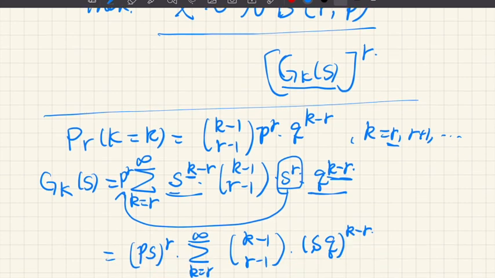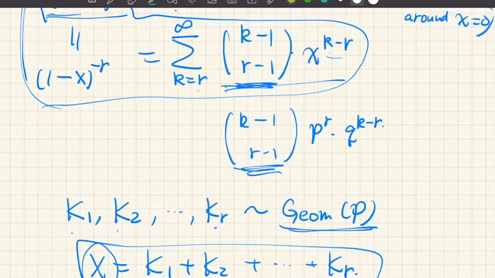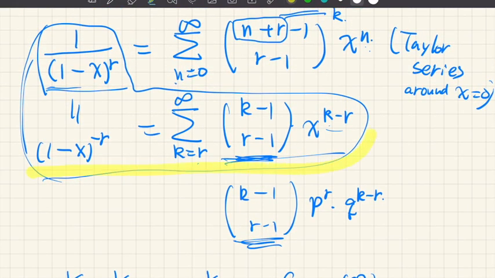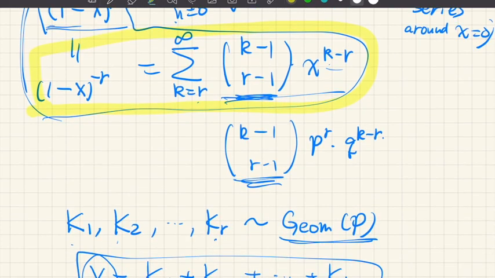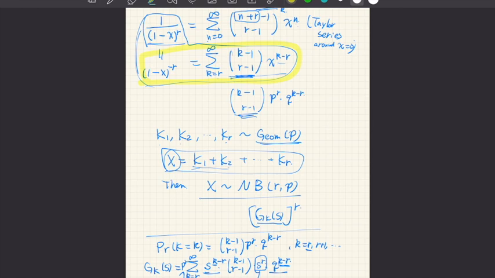Now, look at this part and compare it with the negative binomial theorem. This sq corresponds to this x.